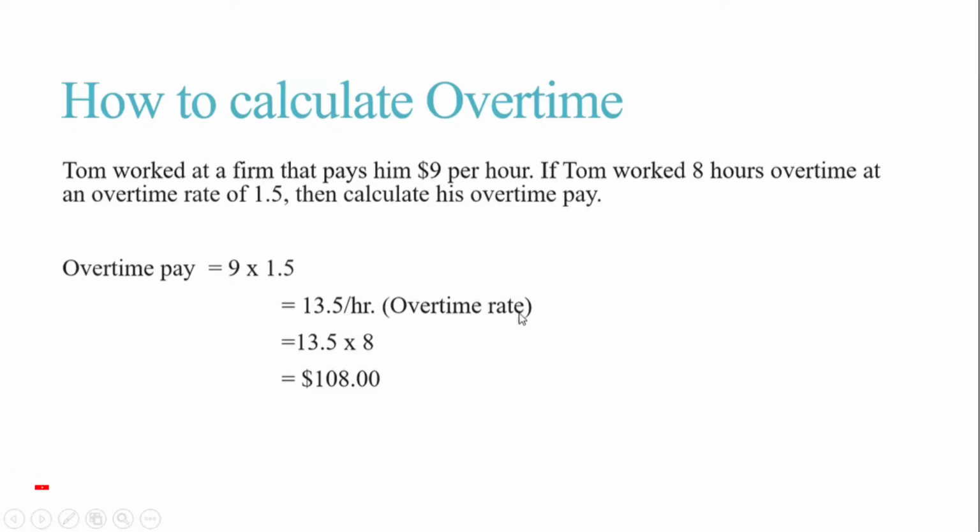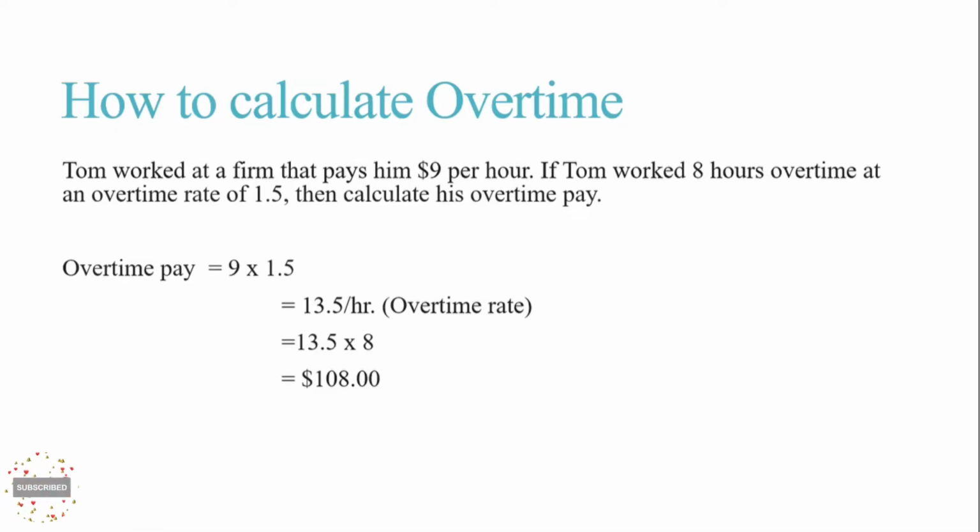That is the overtime rate per hour. Now we calculate 13.5 multiplied by 8, which would give us $108. So for the 8 hours that Tom worked overtime, he would receive $108 extra on his normal pay.